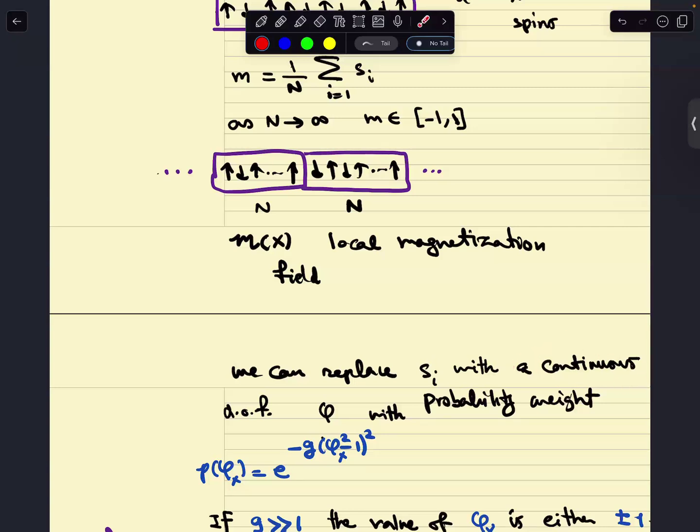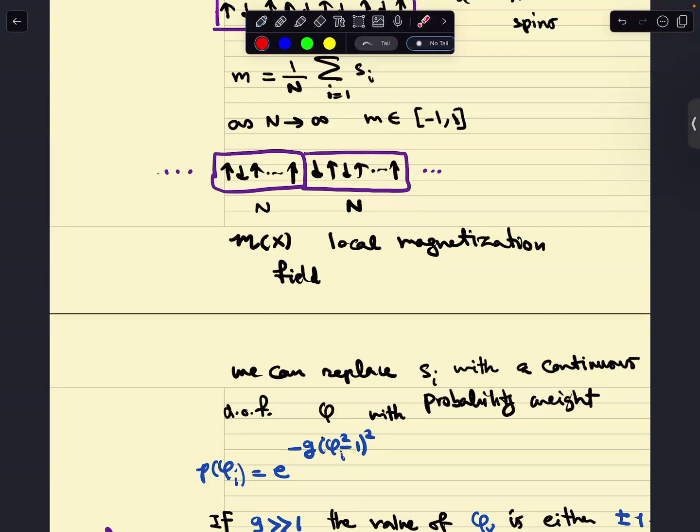With a continuous variable. Let's say instead of the variable s, I introduce a field phi of I. I don't have to call it x.